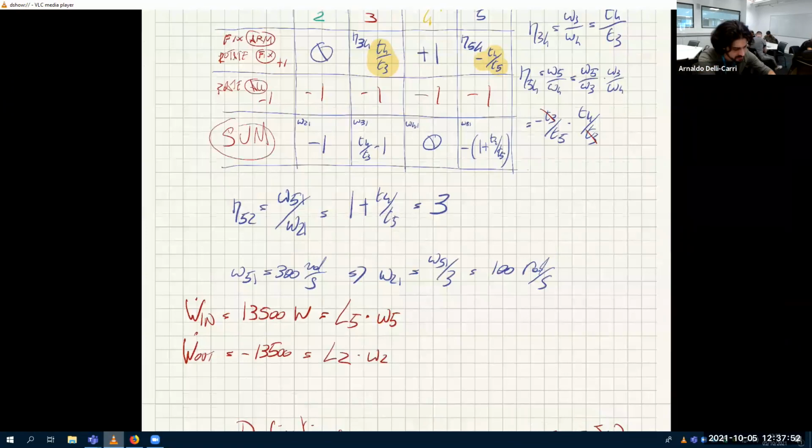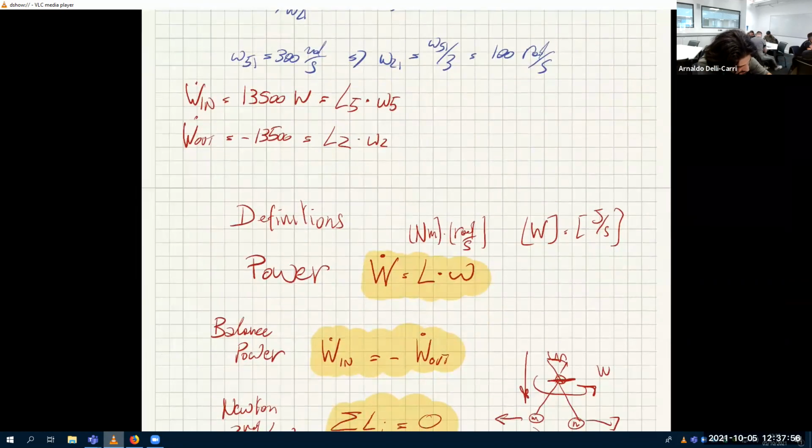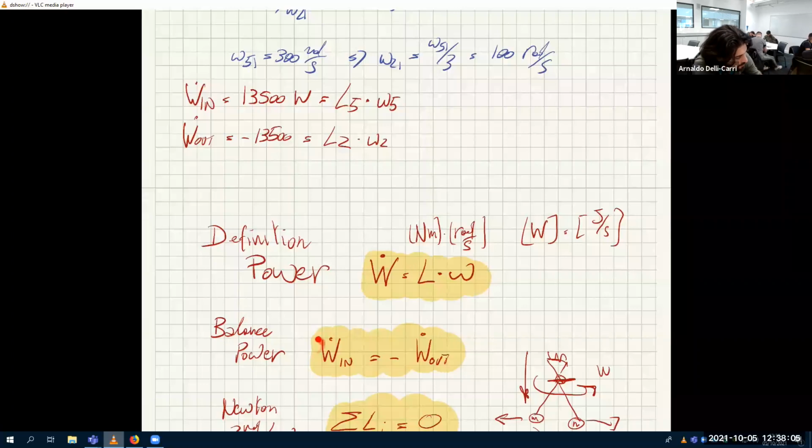So this is equation 1, this is equation 2, and we have used the definition of power and the balance of power, because we are saying that these are the same.